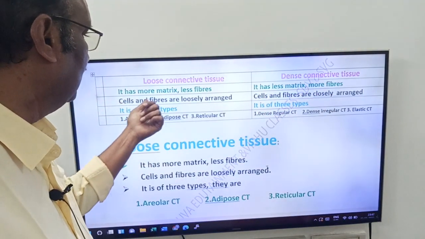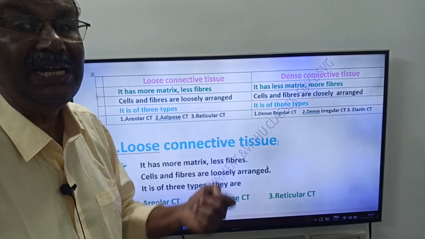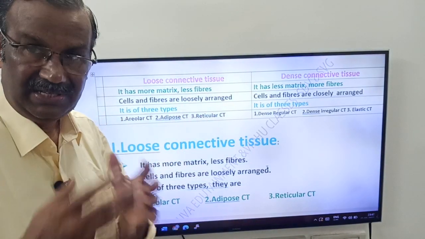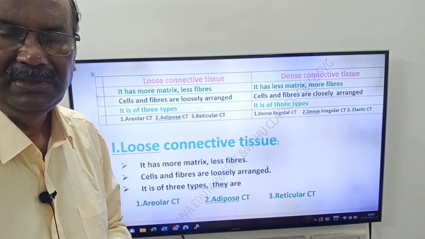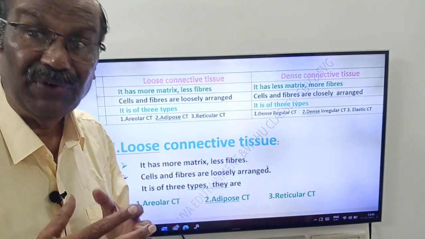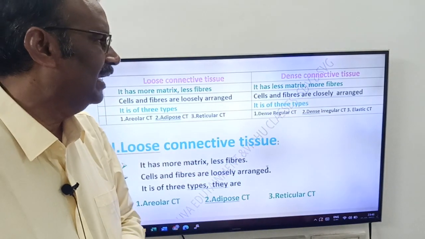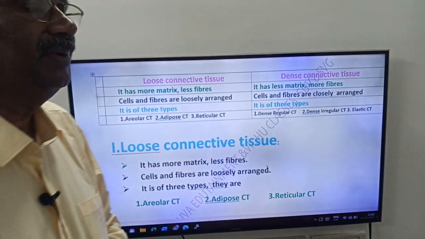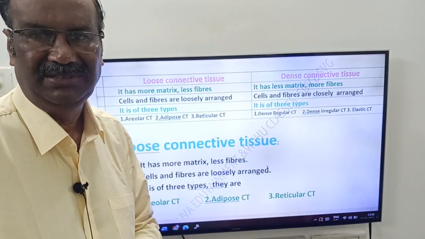Next, in loose connective tissue, cells and fibers are loosely arranged. The name itself indicates this. In dense connective tissue, cells and fibers are closely, compactly or densely arranged.